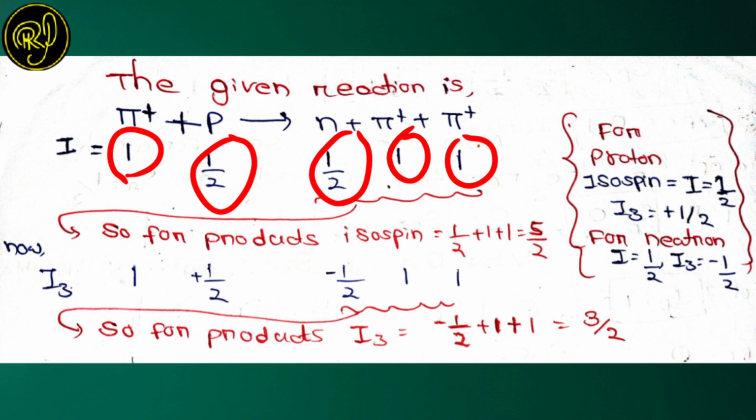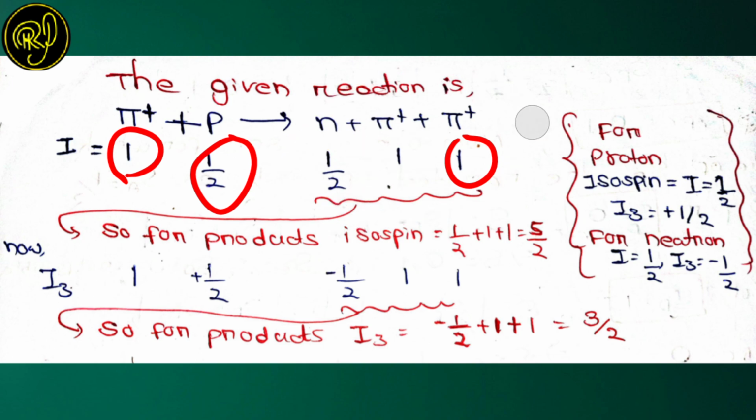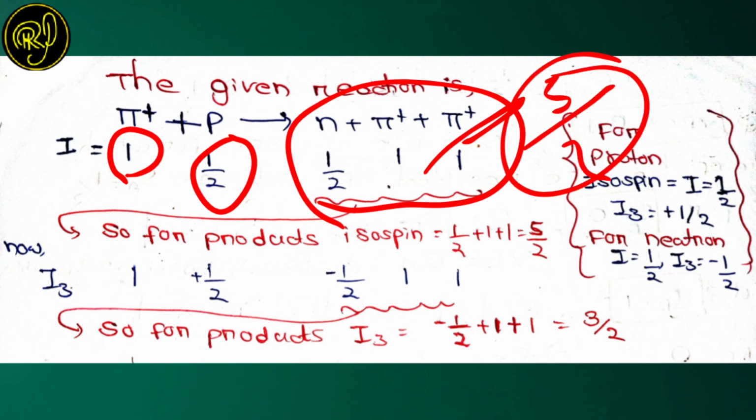In the question it is given for the product side, so we will add the corresponding isospin for the product side only. Half plus 1 is 3 by 2, plus 1 is 5 by 2. So the isospin for the product side is 5 by 2.